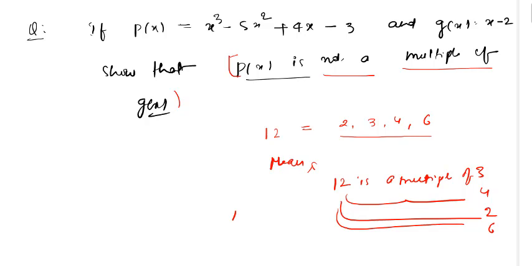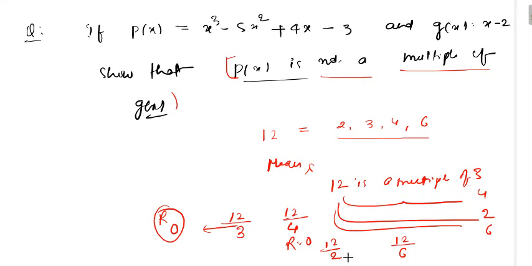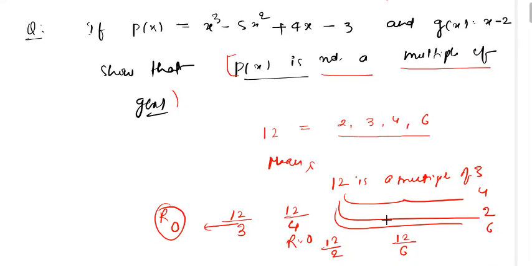That means 12 can be exactly divided by 3, by 4, by 2, and by 6, and in every case the remainder is 0.